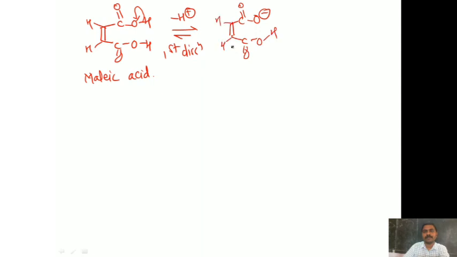Here intramolecular hydrogen bonding is present. So this is the conjugate base after first dissociation of malic acid.